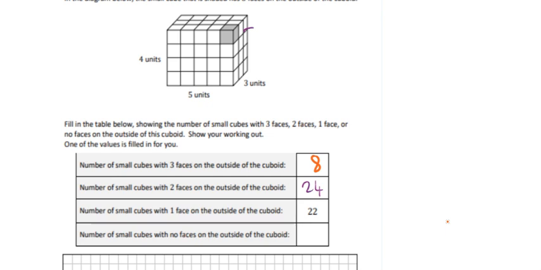There's only 1 layer widthwise, so in behind that one there has to be 1, in behind that one there has to be another one, and in behind that one, and that one, and that one. Everywhere else, for example in behind that one, won't count because that has a face facing out. So it'll only be those 6. So we should get 6 in the end.